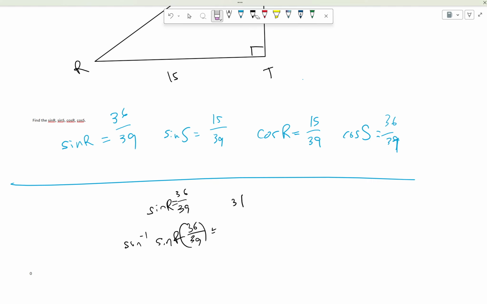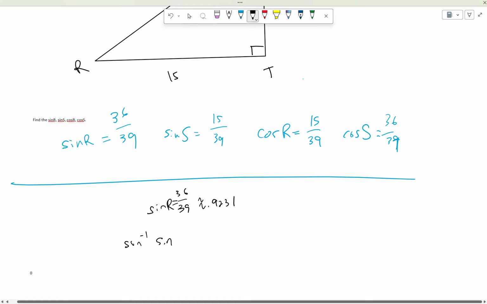Sine of r is equal to 36 over 39, which in this case is about equal to 0.9231 when we do it.